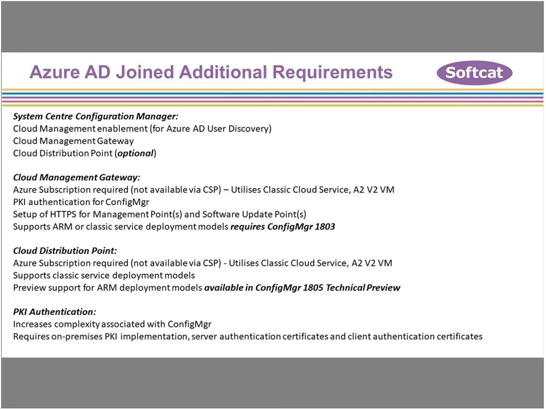One thing to keep in mind here as well is that at the time of release, Cloud Management Gateway and Cloud Distribution Point didn't support the Azure Resource Manager templates for deployment, so you had to use management certificates and go via the classic service deployment models. That is now not the case with 1803 Config Manager for Cloud Management Gateway, and for Cloud Distribution Point in the latest version of the technical preview, you will be able to deploy those using ARM templates as well.